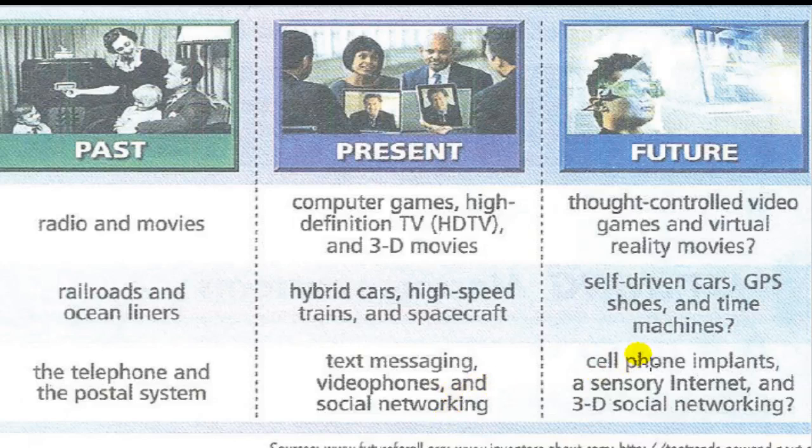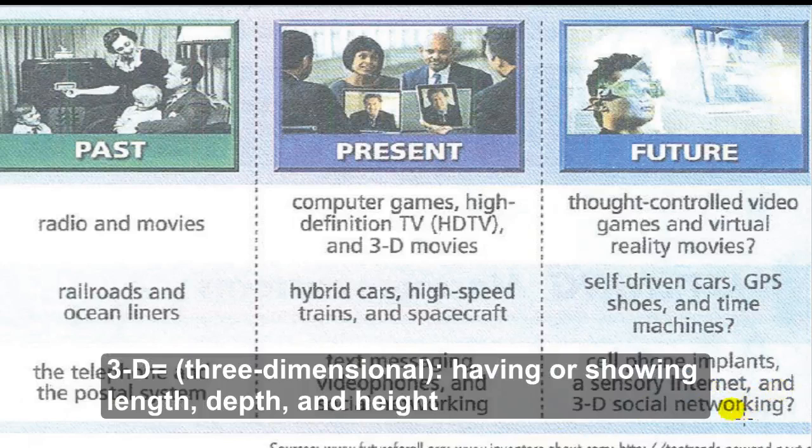In the future, people are going to use cell phone implants. You have a cell phone, a mobile, and this mobile is going to be in your body or on the skin. The internet and 3D social networking.